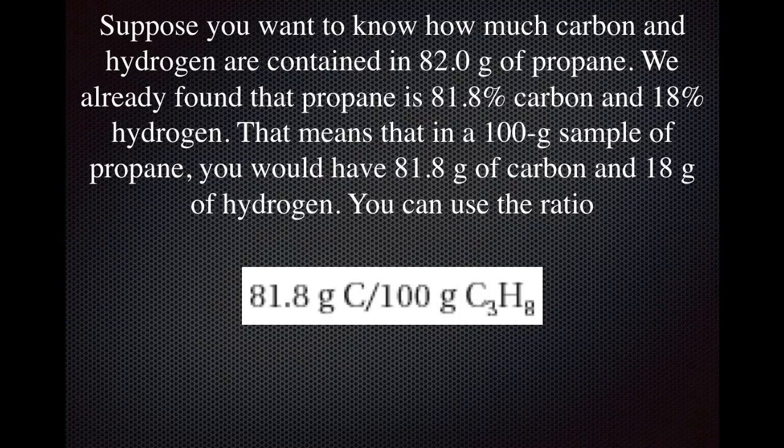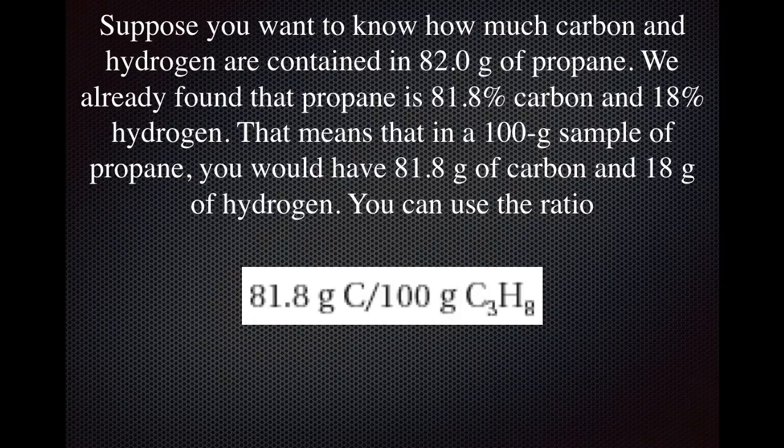So that means that if you have 100 grams of propane, then 81.8% of 100 is what? 81.8 grams, right? And 18% of 100 grams of propane will have to be 18 grams, right?